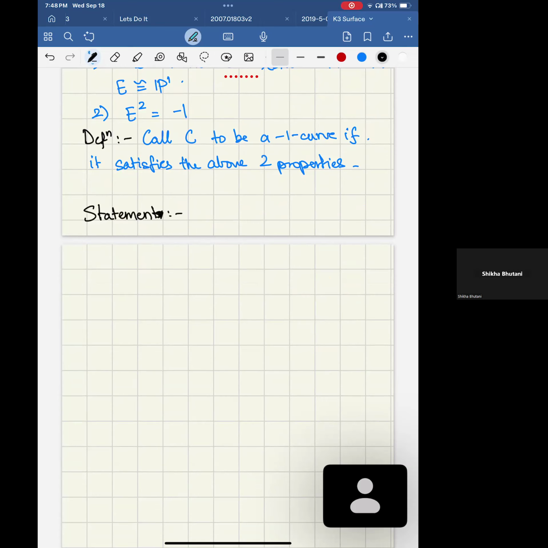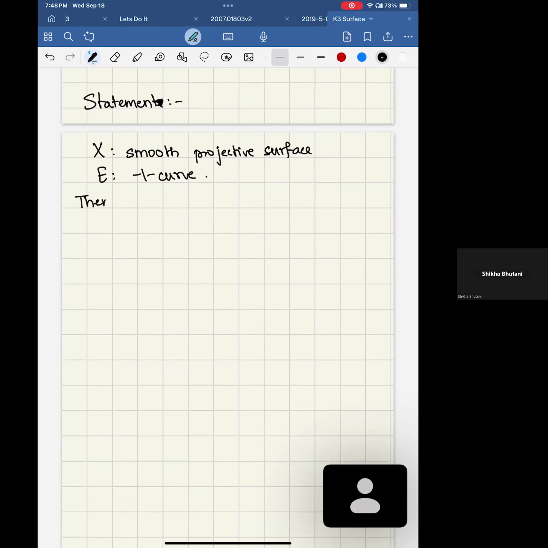So what does this theorem say? It says that if you have a smooth projective surface X, and E is a -1 curve as defined above, then there will exist a birational proper morphism from X to another variety X1 such that the following properties hold.